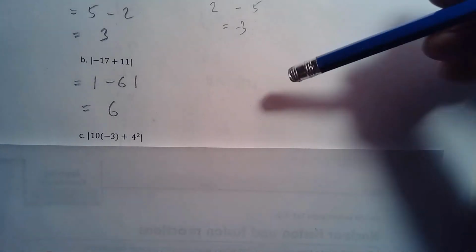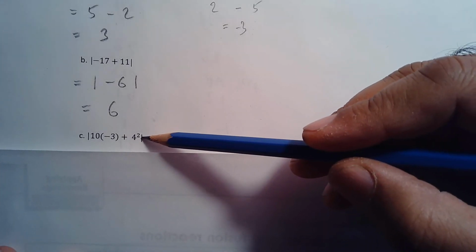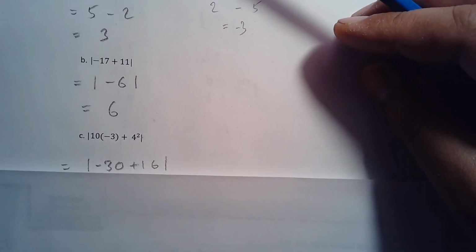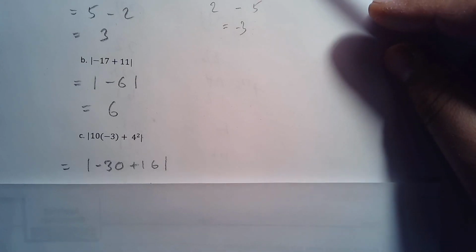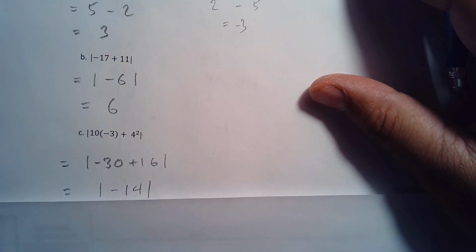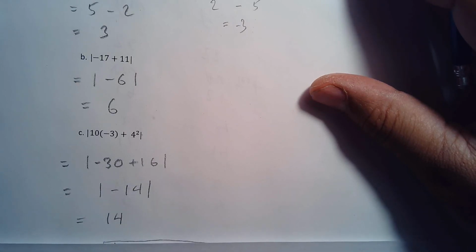You can do your exponent, so that's going to be 16, and you can do your multiplication, that'll be -30. So you've got -30 and +16, and then you put those two together, which gives you -14, and so that's going to give you an answer of 14.